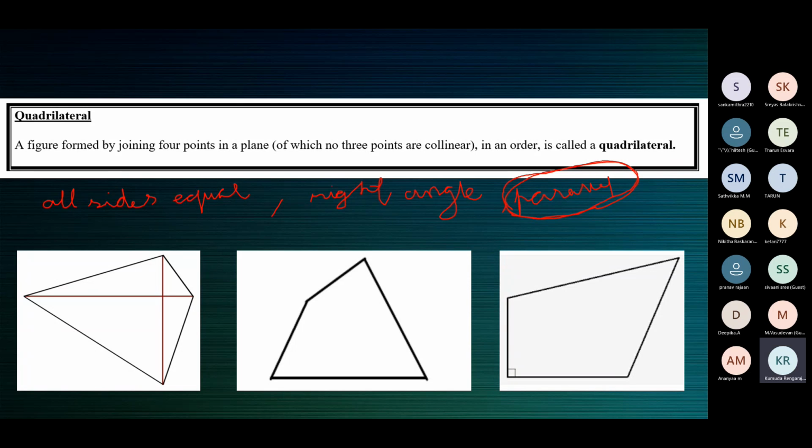Now a rhombus. A rhombus is a parallelogram. All the properties of a parallelogram you will find in a rhombus with some modifications, with some more properties.